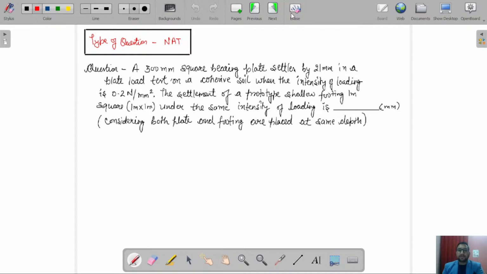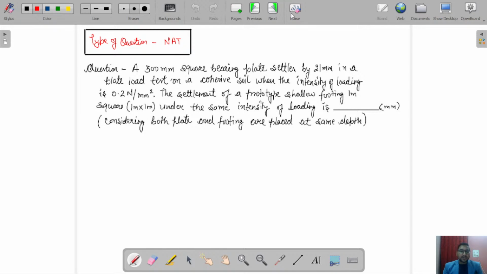What is the settlement of a prototype shallow footing, which is 1 meter square, meaning 1 meter into 1 meter, under the same intensity of loading?